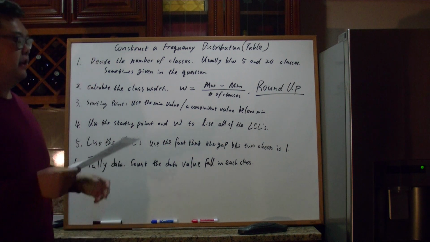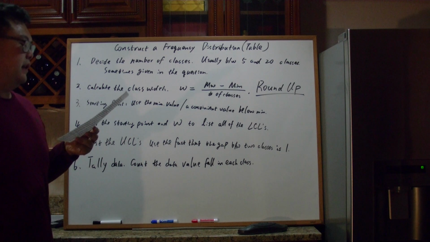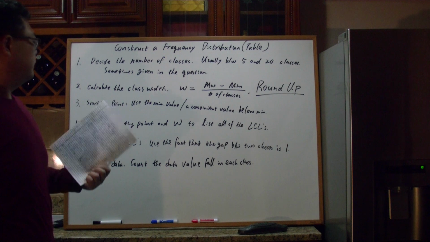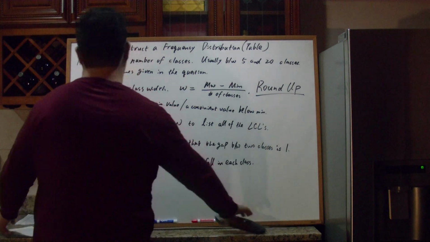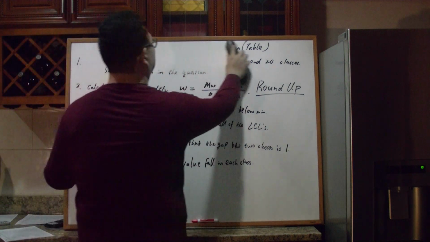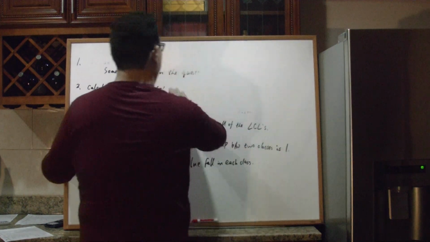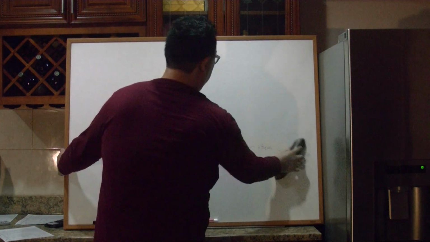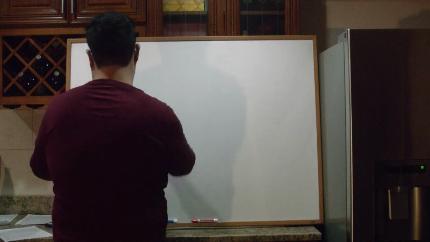Well, that's how we do them, the steps. Let's see an example of how to construct it. Actually, what are these steps doing? Let's see the example, then maybe we could have a better understanding of what we should do.